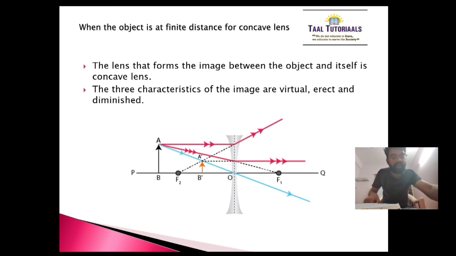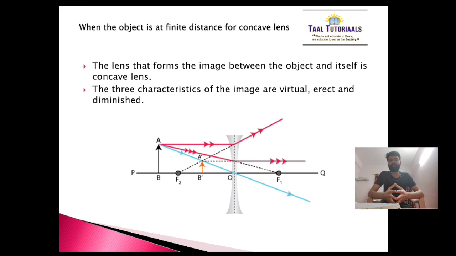Now I'll share one for a concave lens, that is when the object is at any finite distance from a concave lens. You see this, let AB be an object placed at a point on the principal axis at any finite distance in front of a concave lens as shown in the diagram.